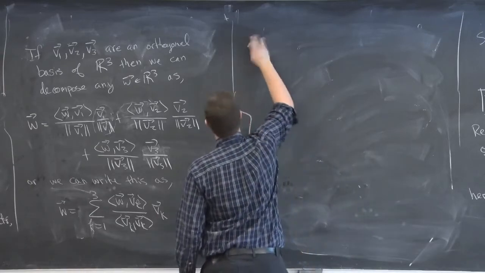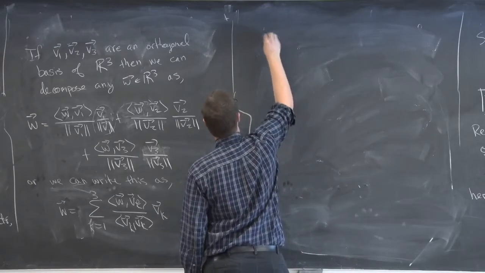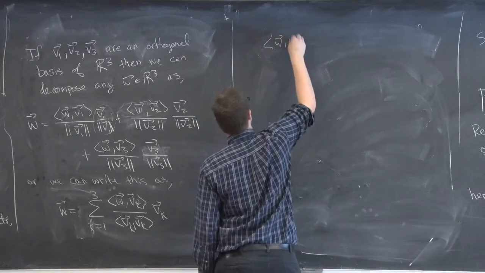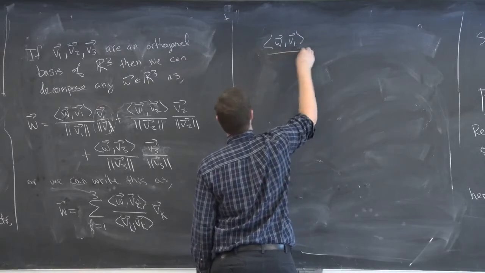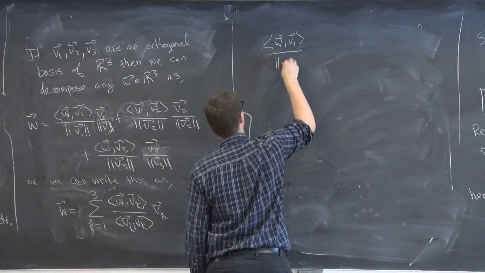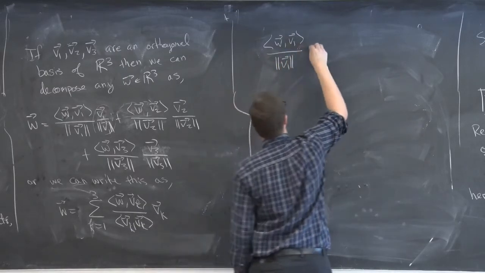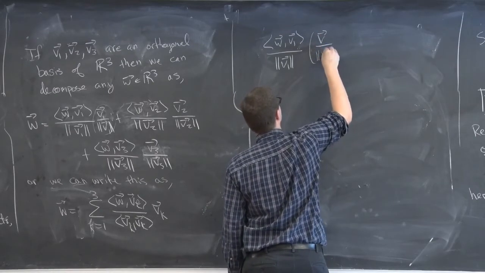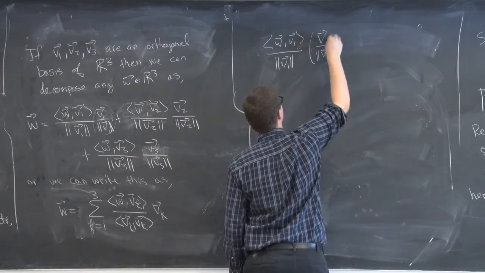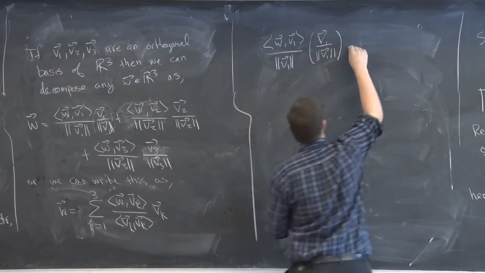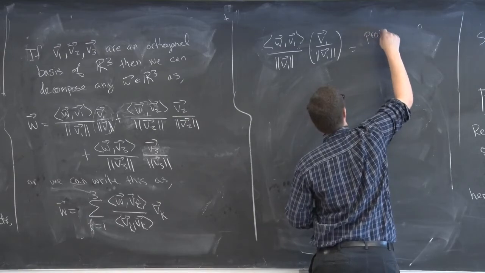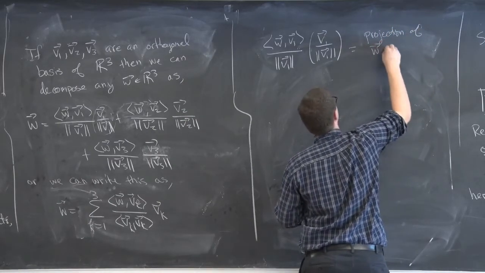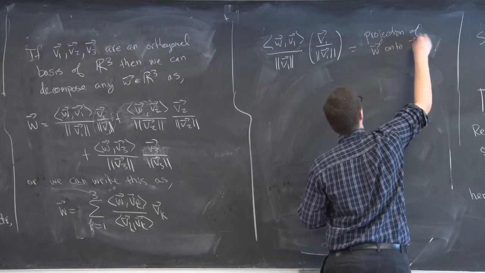This thing here, times this vector, is the projection of W onto V1.